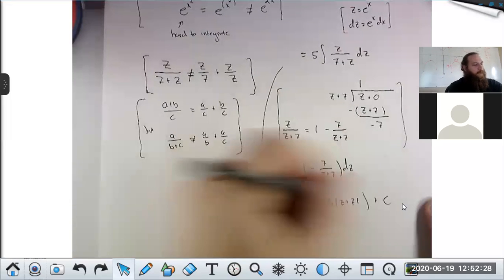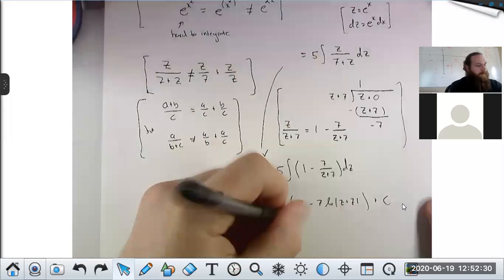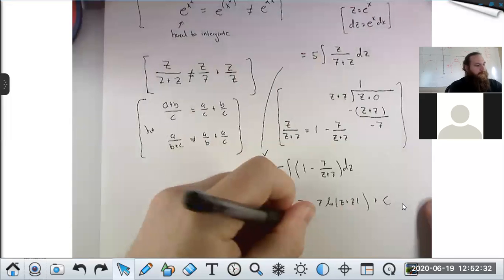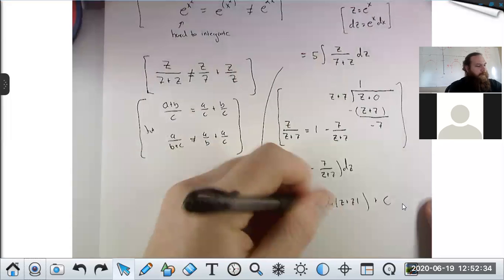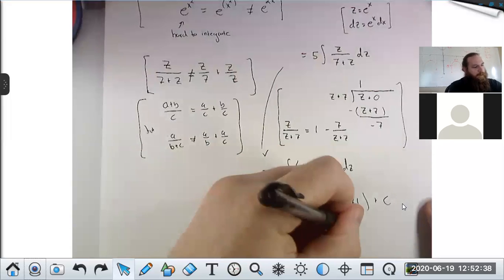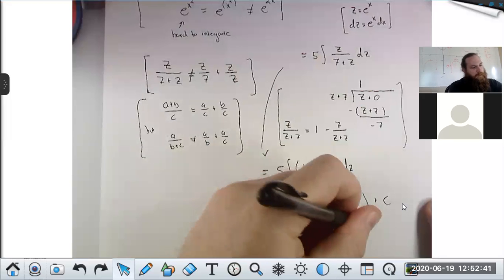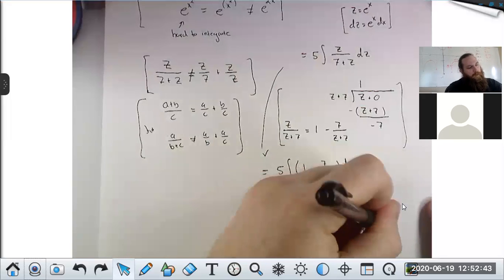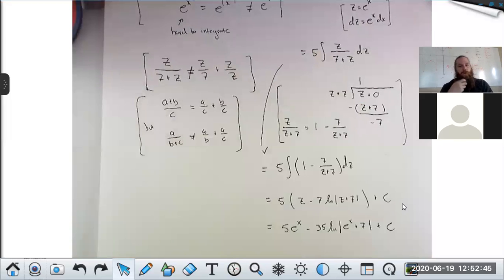Distribute the 5 and go back to our substitution. We get 5 e to the x minus 35 natural log abs e to the x plus 7 plus c.